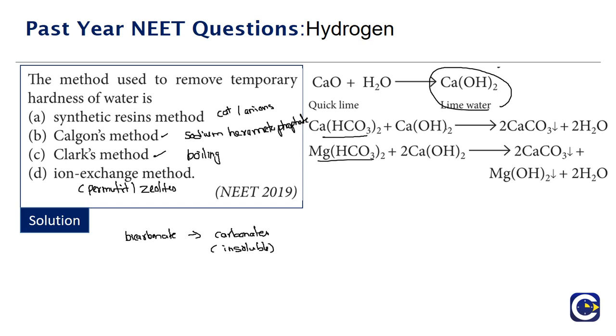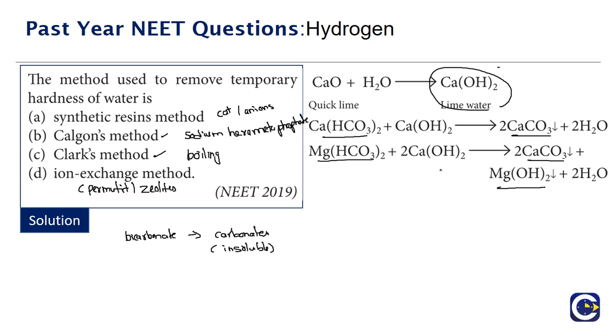So what would happen is the insoluble precipitates of calcium carbonate, or in the case of the magnesium bicarbonate, we will have magnesium hydroxide also getting formed. So this way the lime water is able to remove the calcium and magnesium ions from the water. So this is the Klux method.